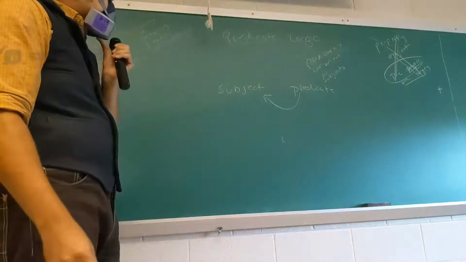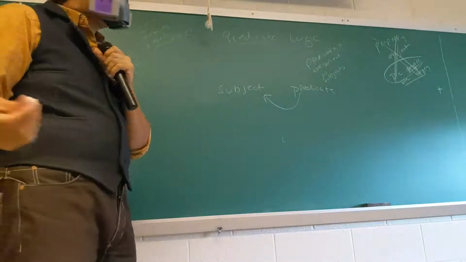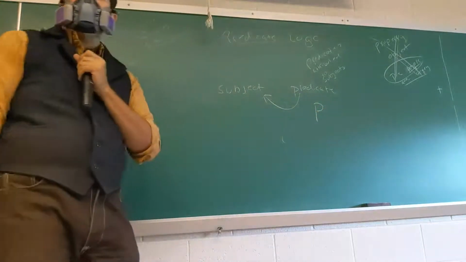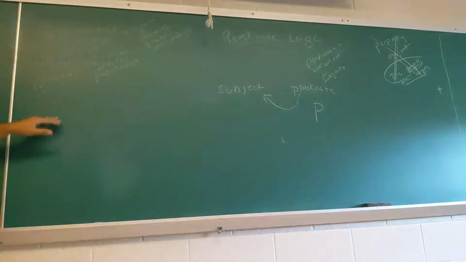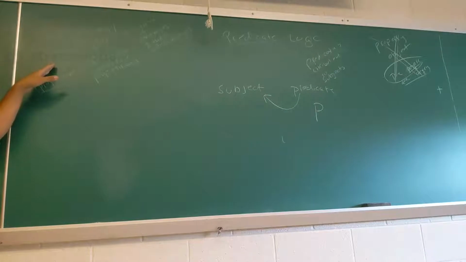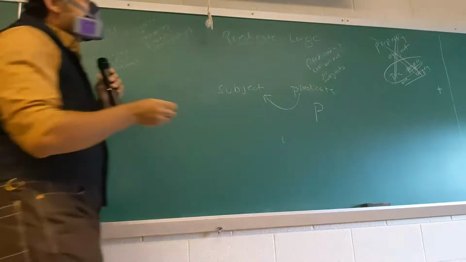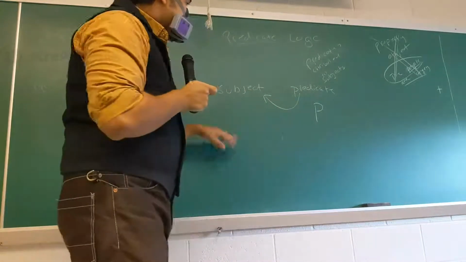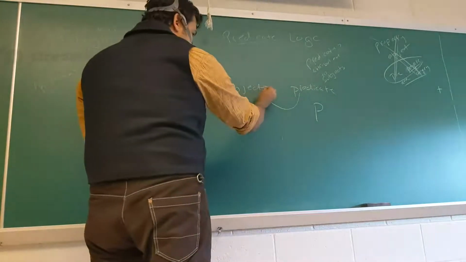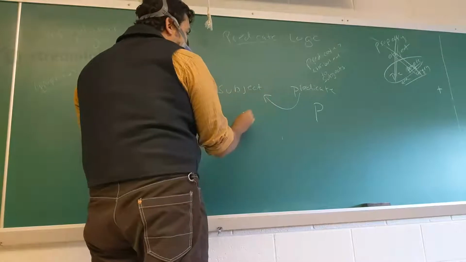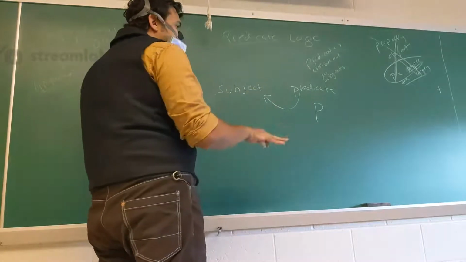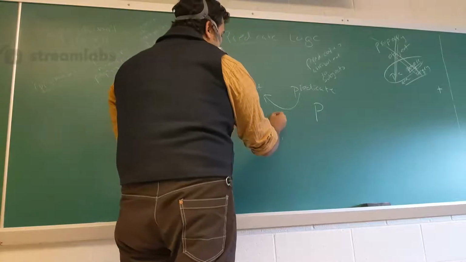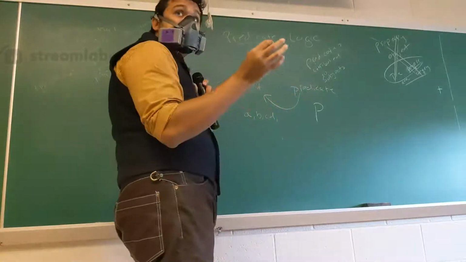What we're going to do in this language is we're going to treat predicates as capital letters like P. Before, capital letters were propositions, right? So now we're going to say predicates are capital letters, subjects are lowercase letters. Let's say A, B, C, D, etc., right?